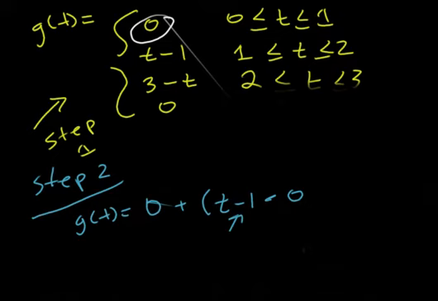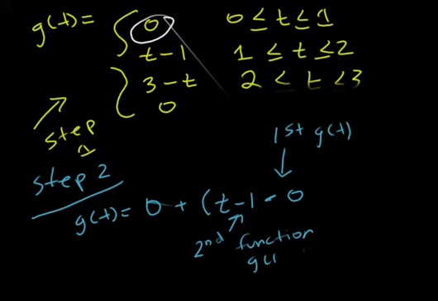So t minus 1 is the second. Let me write it down here. So this is the second function, and this is the first g of t, and this is the second g of t. So this is the first one minus the second one minus the original one, and then you multiply it by u of t minus 1.